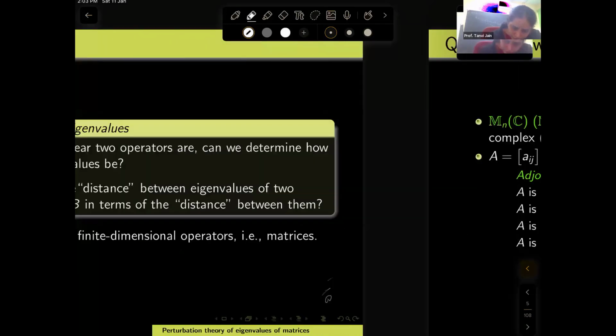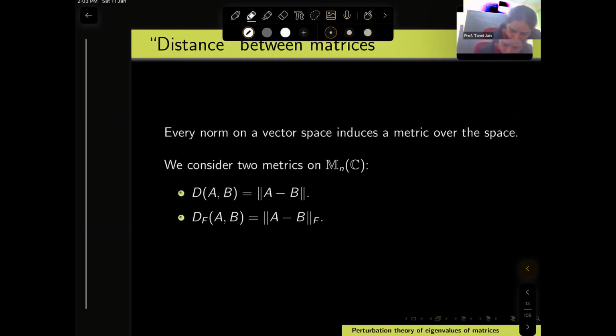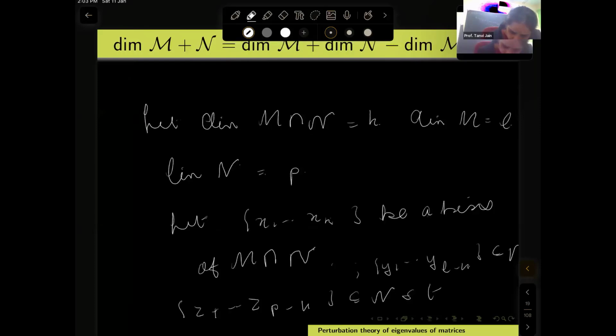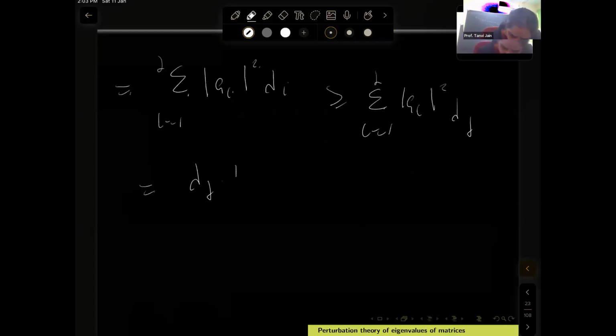I'll just write it again here. So what I have, let's do it again. So |λ| is the inner circle.